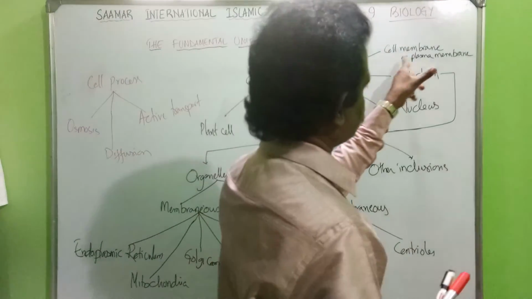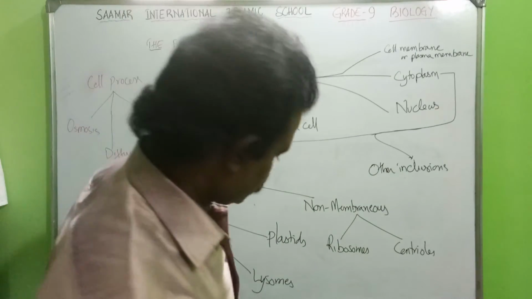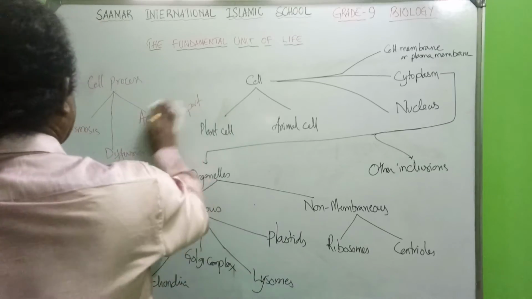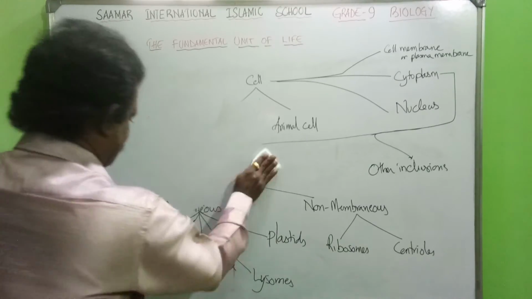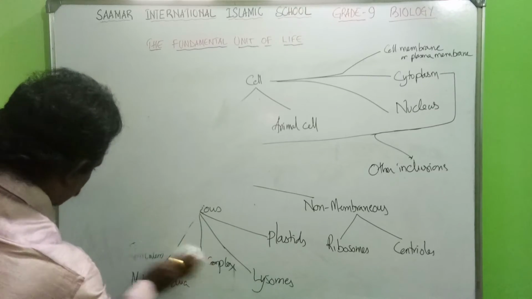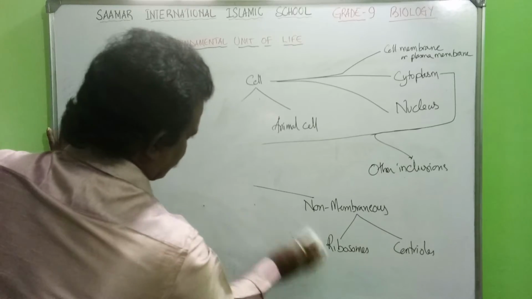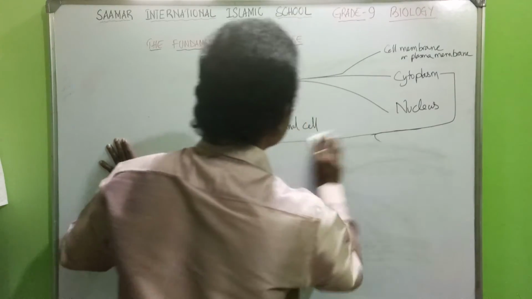We'll study about what is cell membrane or plasma membrane. Okay, now the cell membrane or the plasma membrane is the outermost layer of the animal cell. Okay, is it clear?